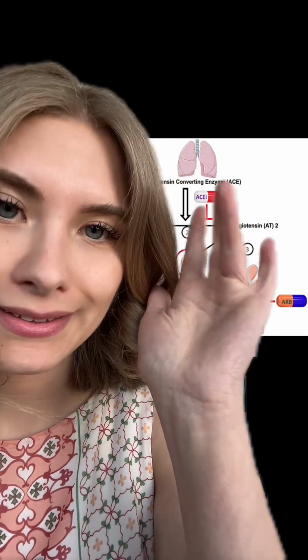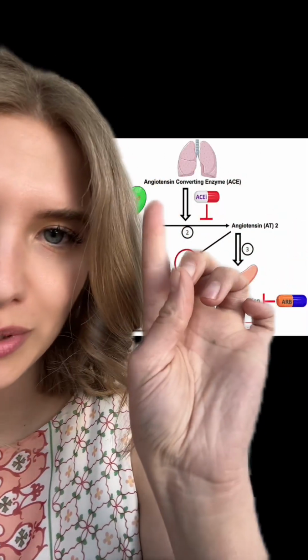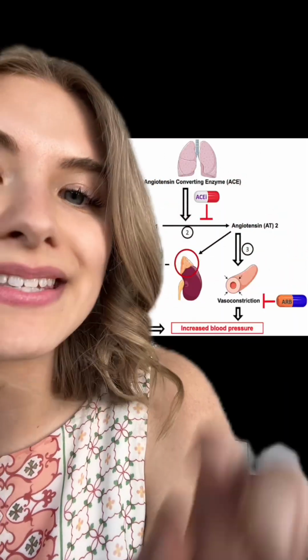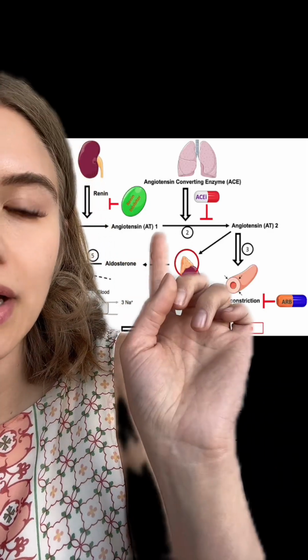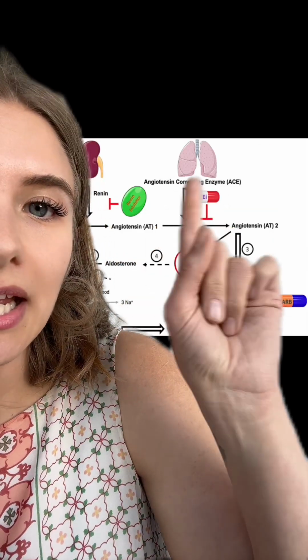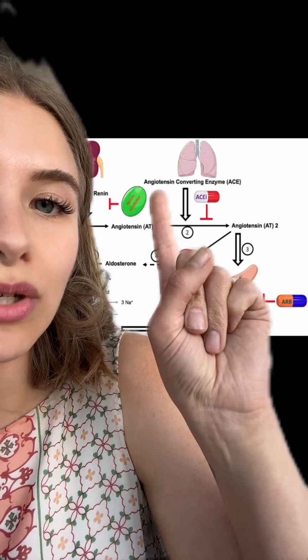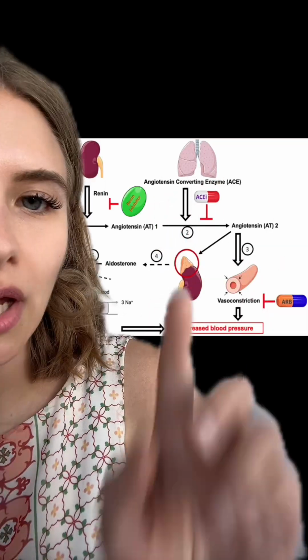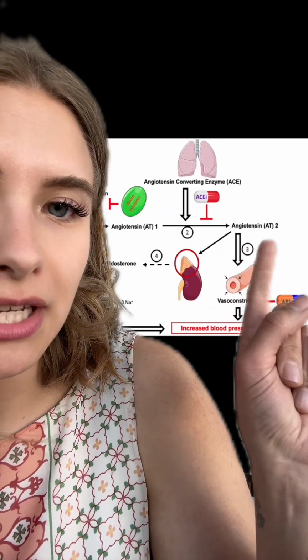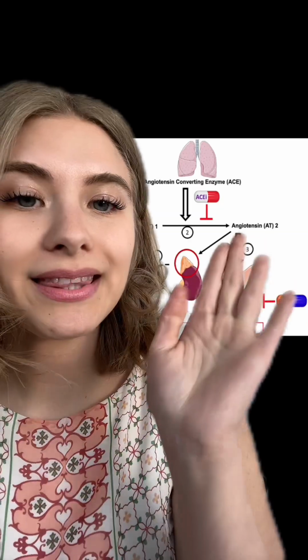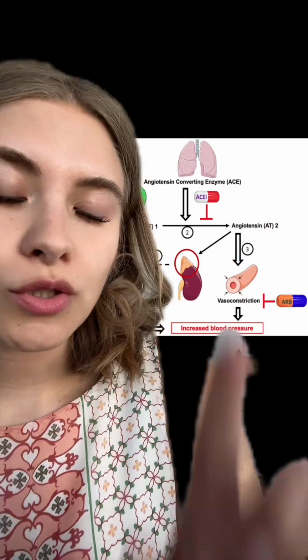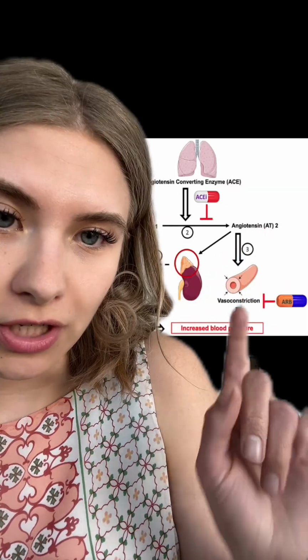The lining is telling the lungs to secrete the angiotensin converting enzyme. Angiotensin 1 basically stimulated the lungs to secrete the ACE enzyme. And now we have angiotensin 2. This is a constrictor, so it's going to cause vasoconstriction.